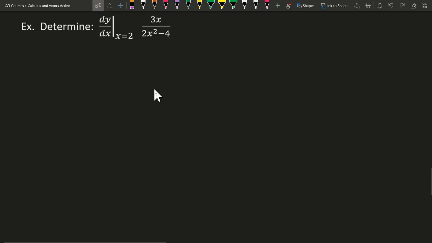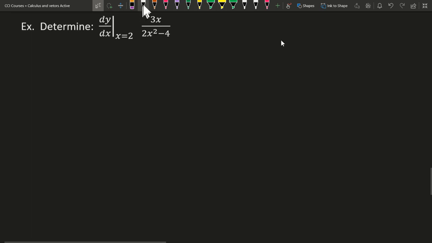Okay, so what's the idea here? Basically, we got to take a derivative and then evaluate it at 2. This is Leibniz notation. Here's the function in question. And so let's roll with this.